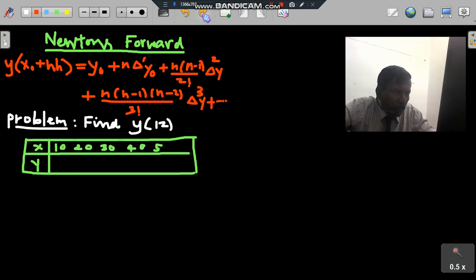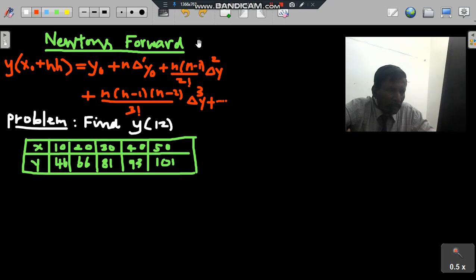For different values of x we have different values of y, but for x equals 12 there is no value given for y in this table, but 12 lies in the range of x. This type of problem is solved by Newton's forward difference interpolation formula. It is possible to find the value of y when x equals 12. Now let us solve this.